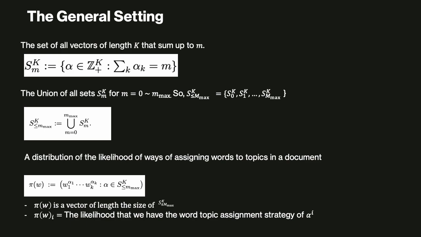Next, the pi vector can be constructed from the product of all the entries of the topic vector W raised to the power of alpha, which is the number of words assigned to each topic. Here you'll see that the pi vector is of length the size of this union set. And for every entry, it shows the likelihood of that specific word-topic assignment strategy alpha i.